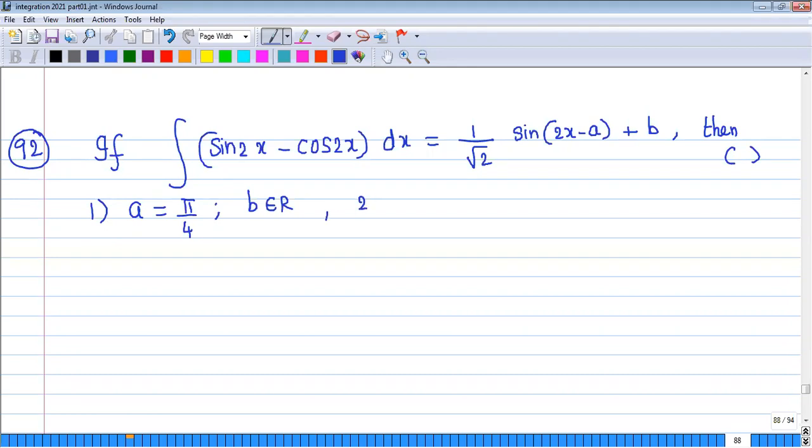That's absolutely true. A is equal to negative pi by 4, b is any real number. A is equal to 5 pi by 4, b is any real number.